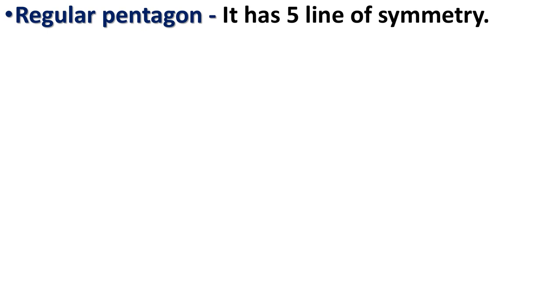Next is regular pentagon. Pentagon has five lines of symmetry. Pentagon has five sides, and regular means that all the sides are equal. So regular pentagon has five lines of symmetry.